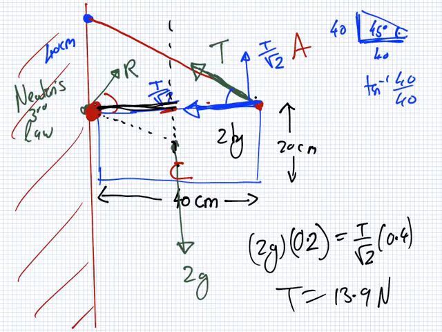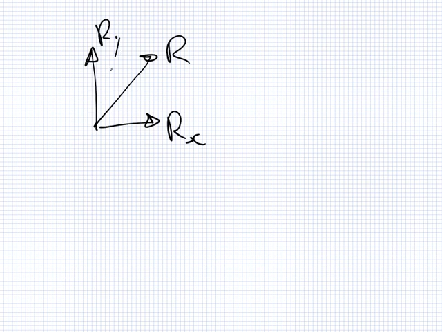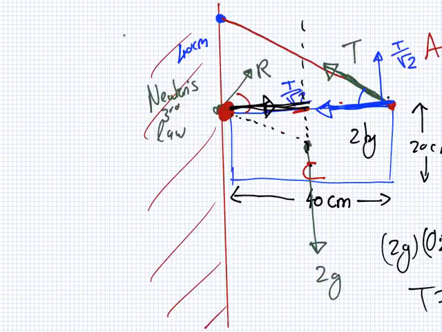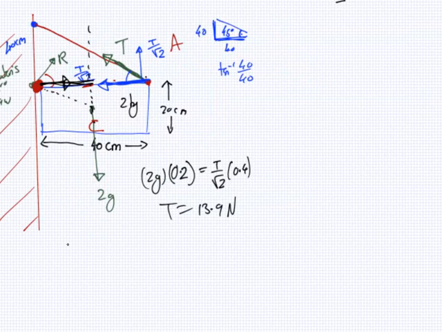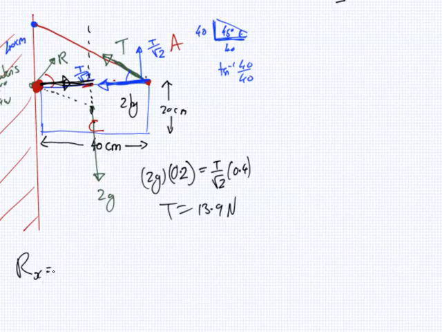We are looking now for the horizontal component of the R. You can resolve the R into a part this way, or X, and a part this way, or Y. So I would like to know what is the R X. And there's a very, very easy way to work that out.